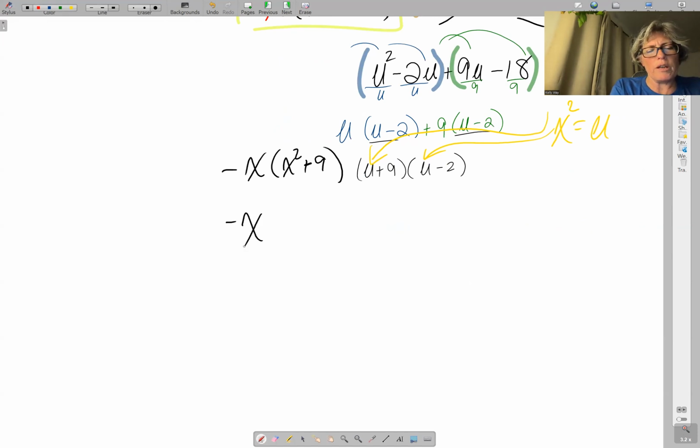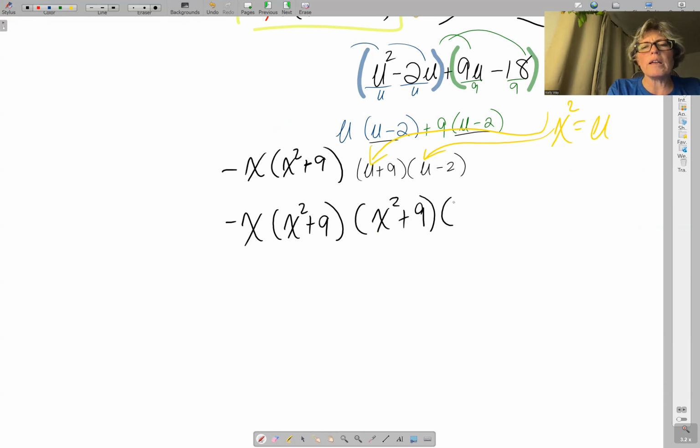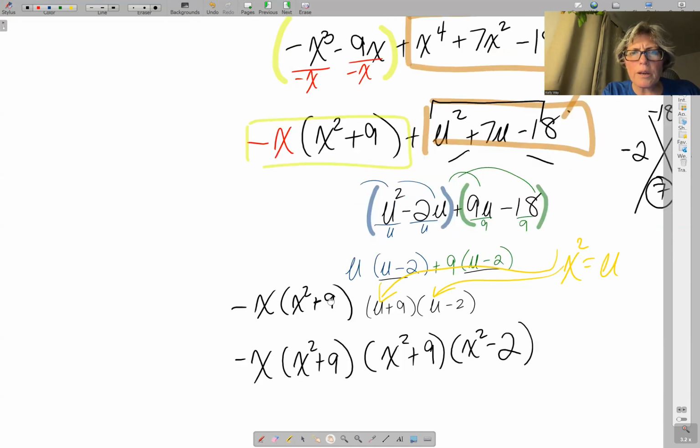So I have negative x, and I have x squared plus 9, and x squared plus 9, and x squared minus 2. Dropped a plus sign, I think, here.